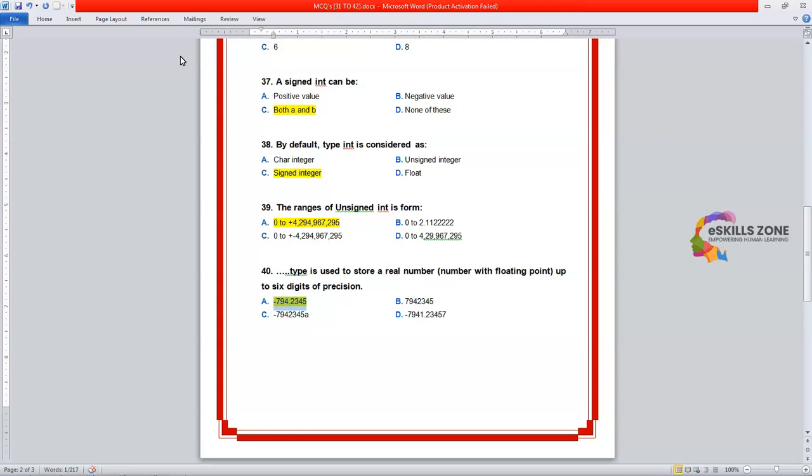Option A, real data. B, float data. C, integer data. Or option D, character data. Right answer is option B, float data.